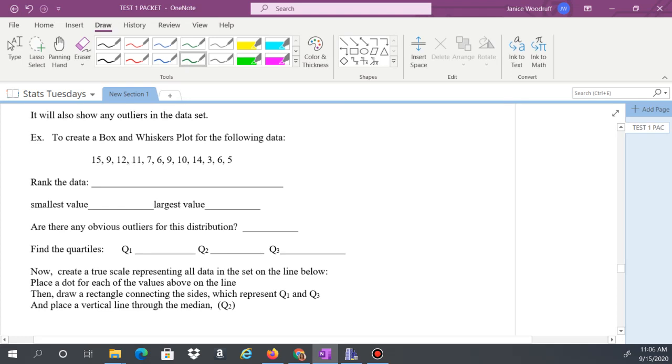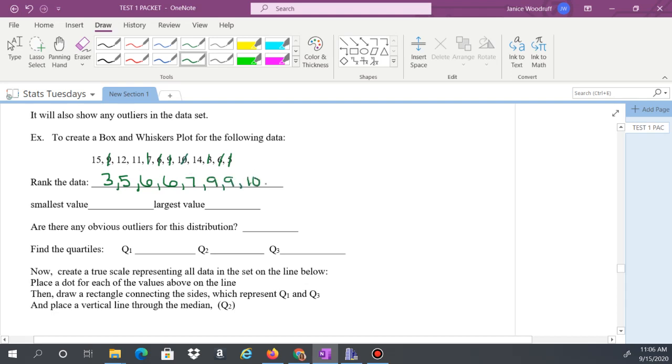So the youngest is 3. Then you've got a 5. You've got 1, 2 6s. You've got a 7. You have 1, 2 9s.